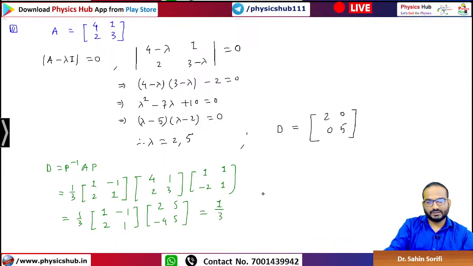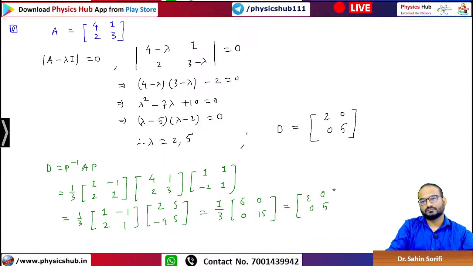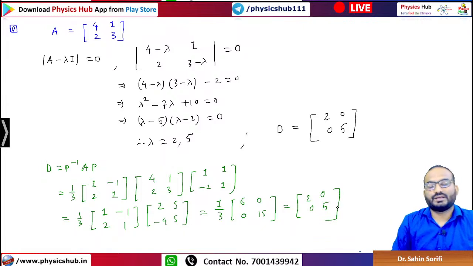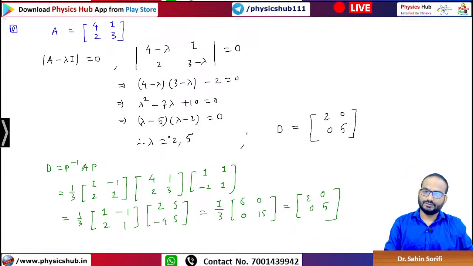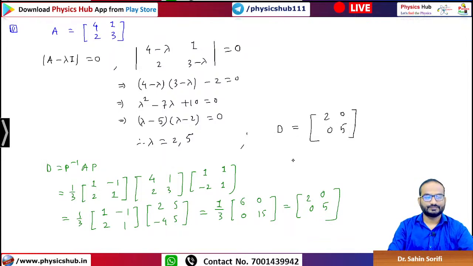Ultimately you will get this result. The main point here is that the eigenvalues will be written along the principal diagonal and you will get the diagonalized result. So these are the two examples. At home you can try it by actually calculating everything. I am just giving you these examples to make you understand what is happening.